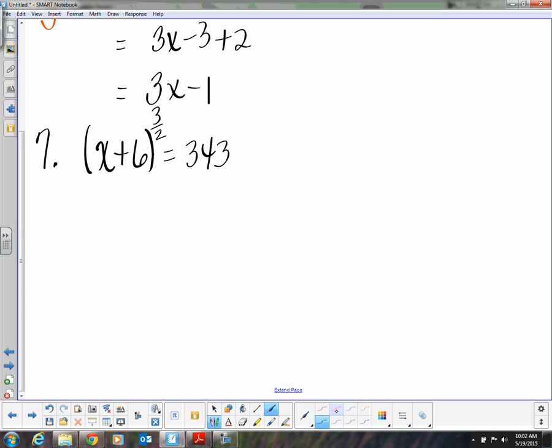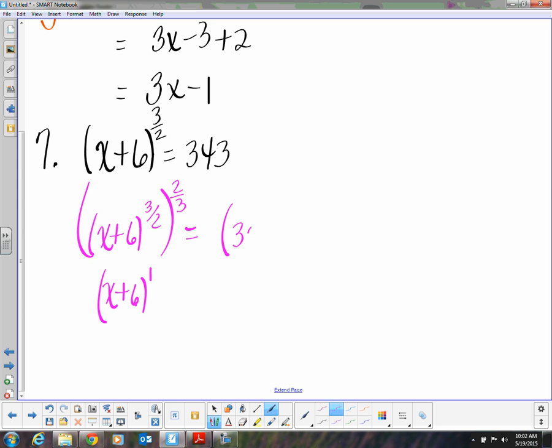So I think the first thing I'm going to do is I'm going to rewrite this as x plus 6 to the 3/2. What exponent can I raise it to so I get x plus 6 to the first? Pardon? 2/3. So if I raise that side to the 2/3, what do I have to do to this side? Raise it to the 2/3 power. So this, when we multiply, we get 6 over 6, or 1.